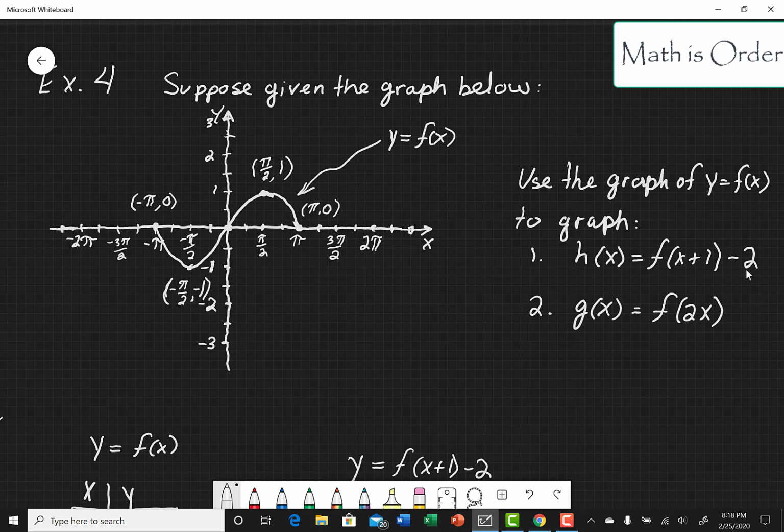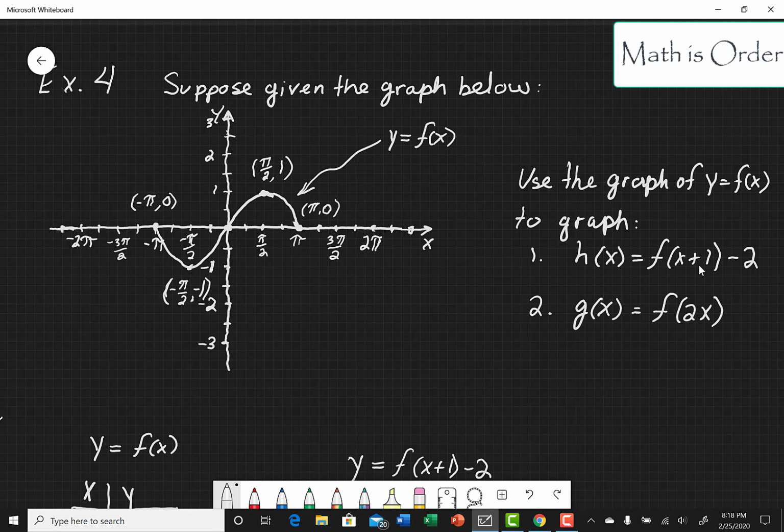And then this part of the transformed function is telling us we have to shift the original function down 2 units. So we got 2 transformations happening. Shift to the left 1 unit, and then shift down 2 units.